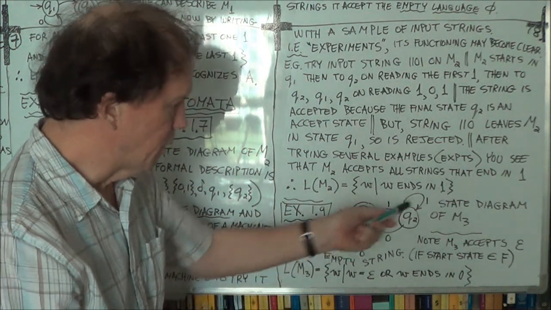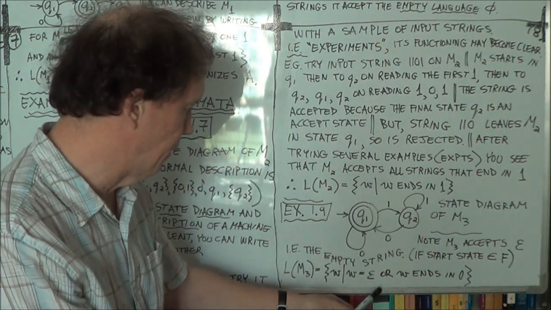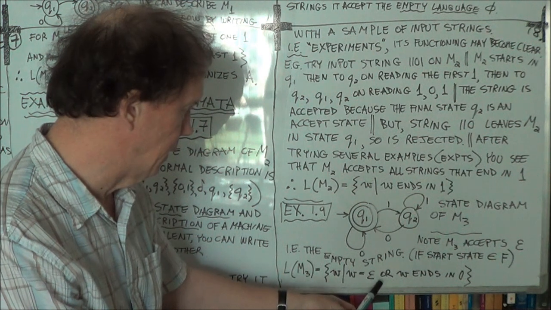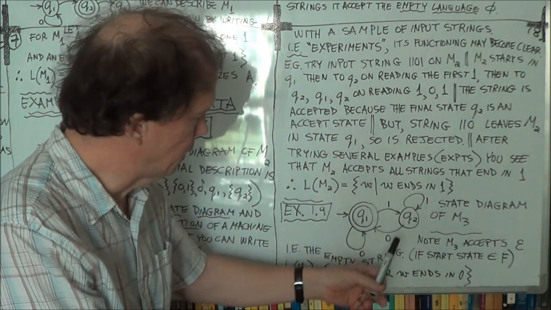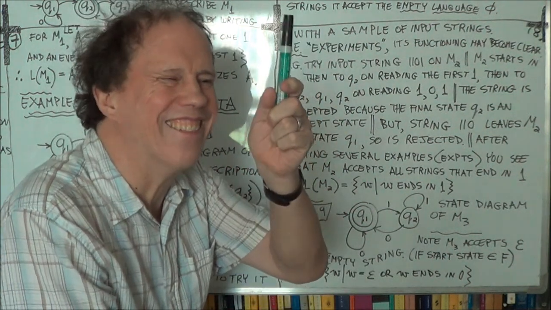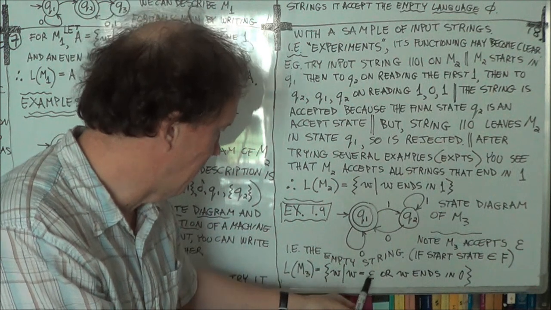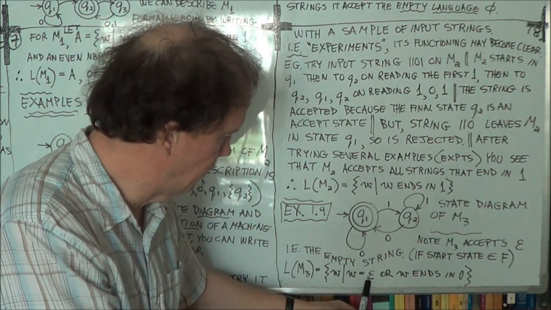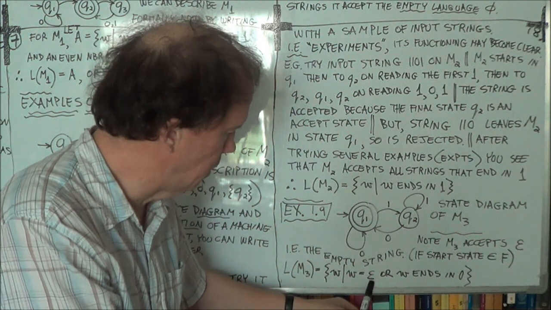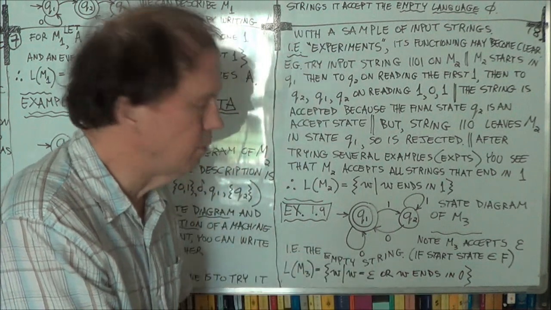Well, you need to do some experiments, and eventually you'll find that the language it accepts, recognizes, is either the input string is empty, so eta, or the string ends in 0.